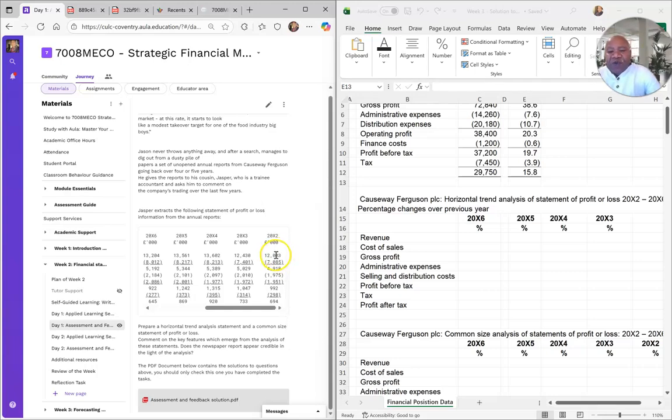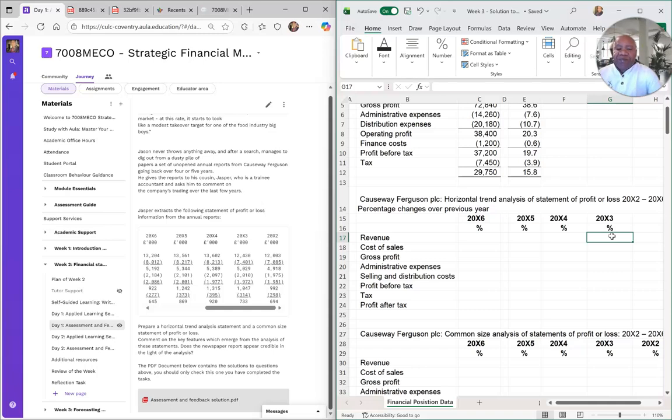An alternative, quicker calculation would be to take the 12,430, then divide that by 12,003 minus 1, because that one represents the 12,003, and then multiply that by 100. Let me try both ways, and you see that we'll have the same answer.